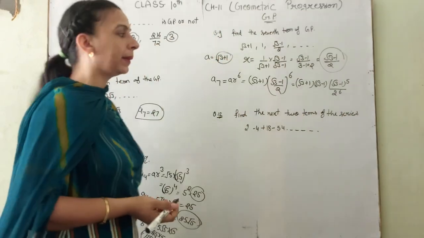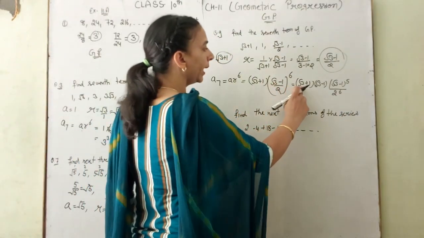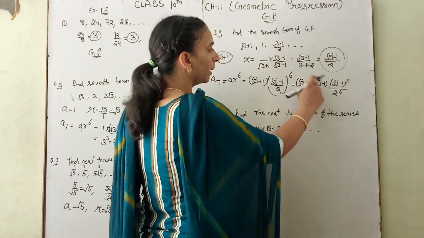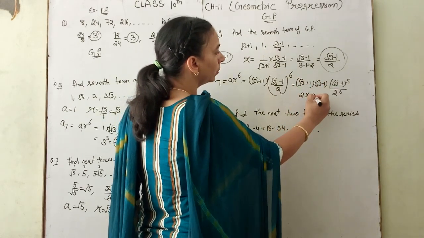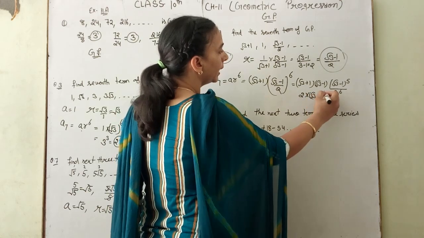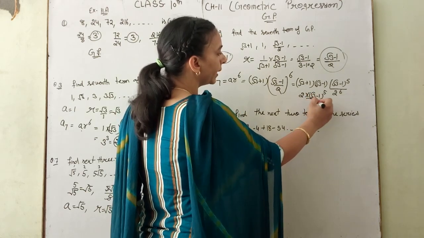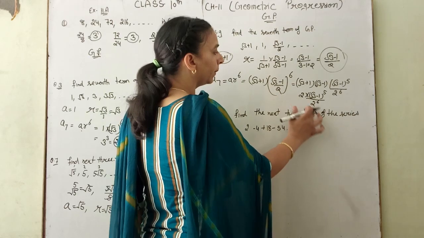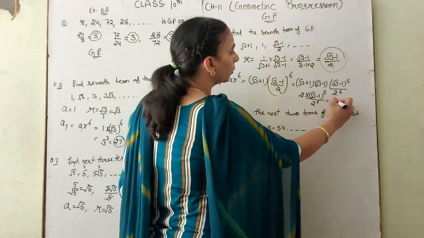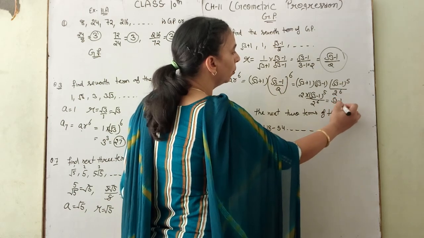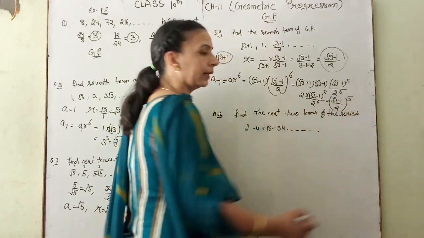Using a plus b, a minus b, a squared minus b squared, 3 squared minus 1 gives 2. Then 2 into root 3 minus 1 raised to the power 5, and according to the quotient law, root 3 minus 1 by 2 is completely raised to the power.